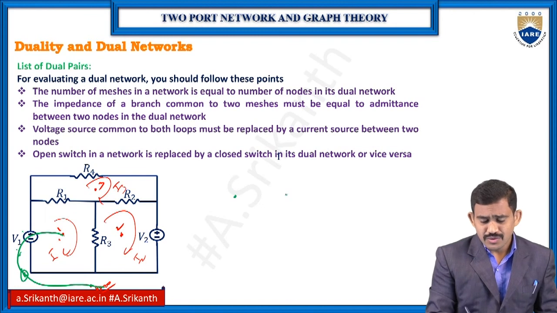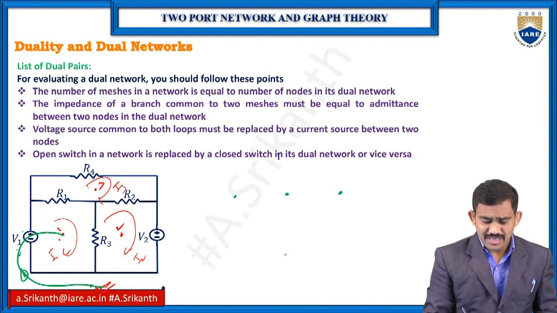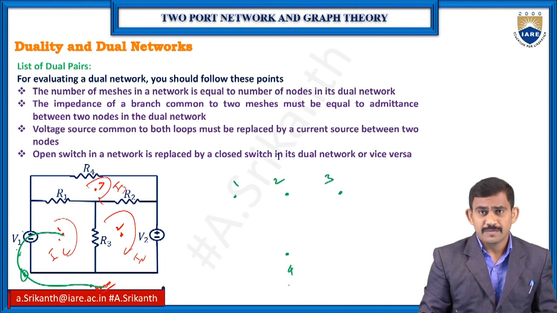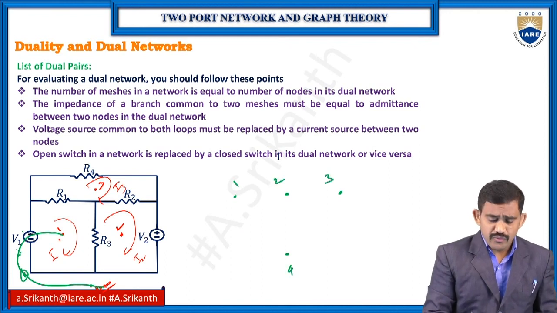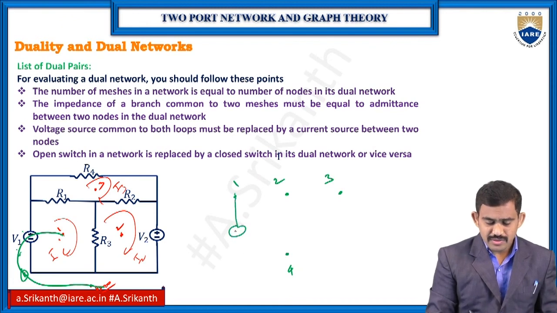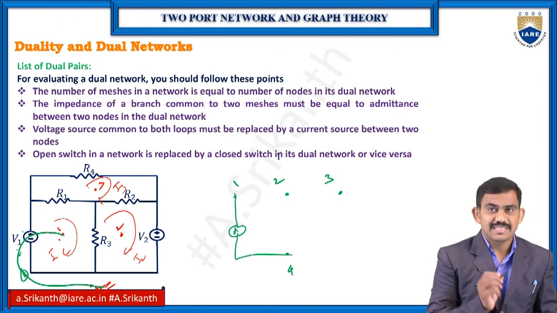Suppose nodes 1, 2, 3 as well as the reference node, the 4th node. So between 1 and 4 I now have a current source. This is completed.